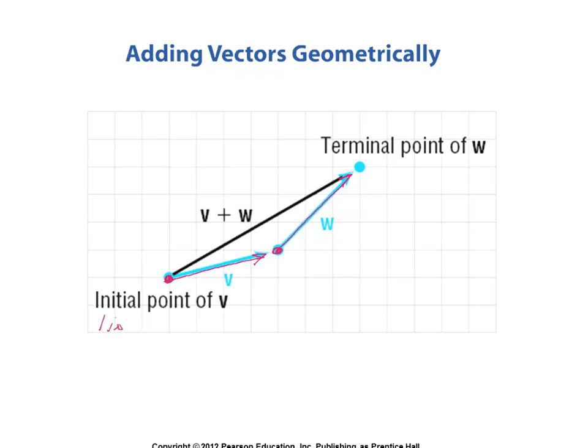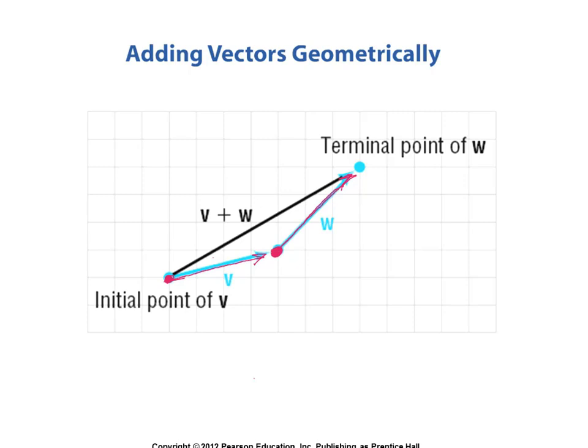So we would start here at the initial point, we'd end at the, and then we put the next one. We'll call that the head, and then this the tail, okay? So we always put the beginning, the initial point, to the final point. For example, I have this vector v and this vector w. We put them together, and then when we add them, hold on, let me get another color.